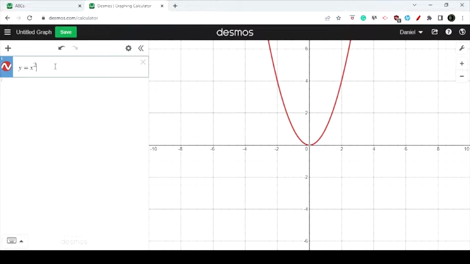Alright, so to make this process easier, we're going to convert this into a parametric equation. Parametric equations are equations that introduce a third parameter, the parametric.